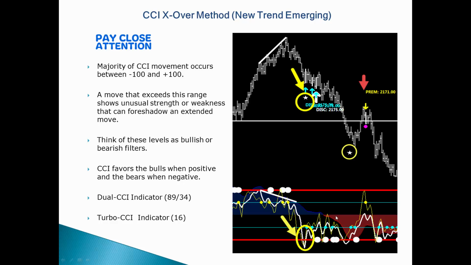Again, all these oscillate. And then the last calculation is a turbo CCI, which is a 16 setting on our inputs, about half the value of the 34, and that's the yellow. They can be fairly erratic in how they display on the chart, but don't worry about the erraticness of it. It's actually designed that way, and it can give us some very, very crisp signals.